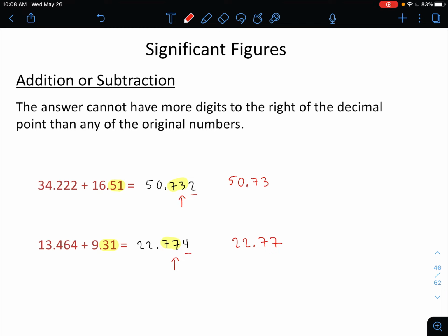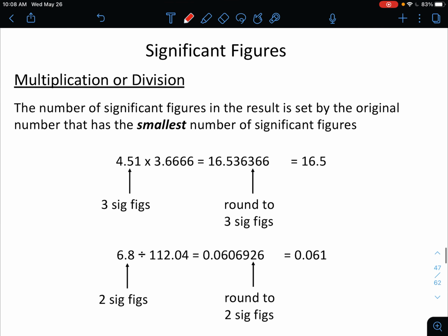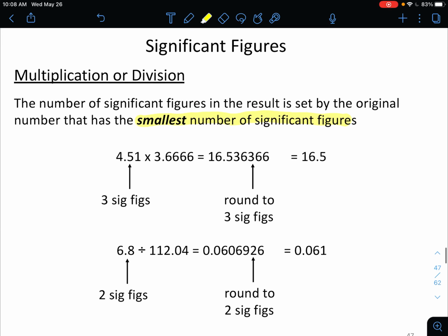Okay, now we're going to talk about what happens with multiplication and division, and then do a couple examples of that as well. So remember, with multiplication and division, we're worried about the smallest total number of significant figures.